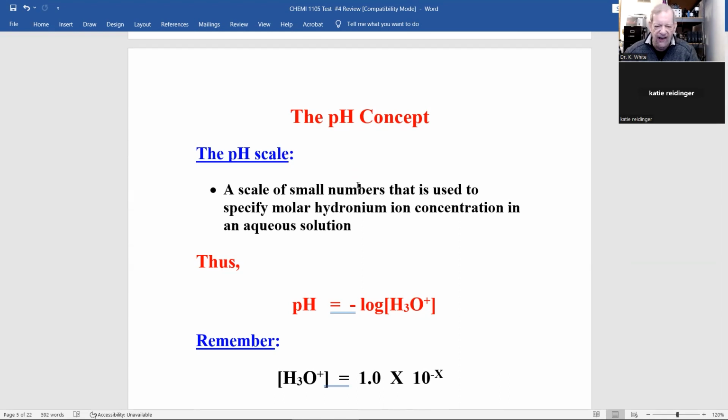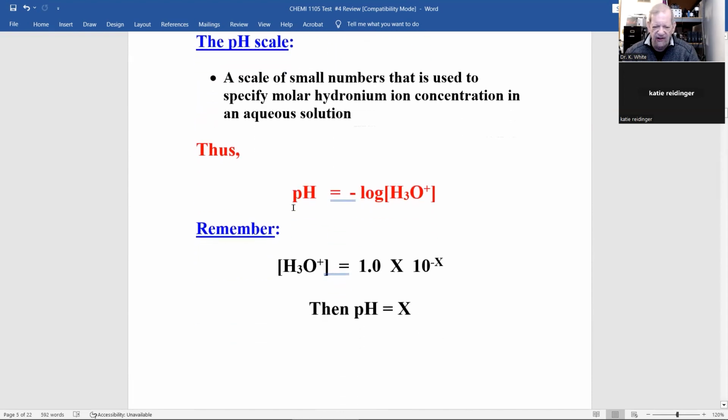The pH scale is a small number that is used to specify the molar hydronium ion, H3O plus, concentration in an aqueous solution. And by definition, pH equals minus the log of the hydronium ion concentration.